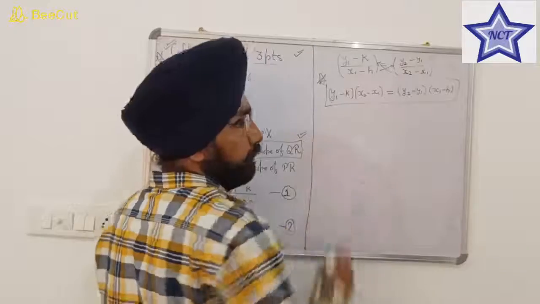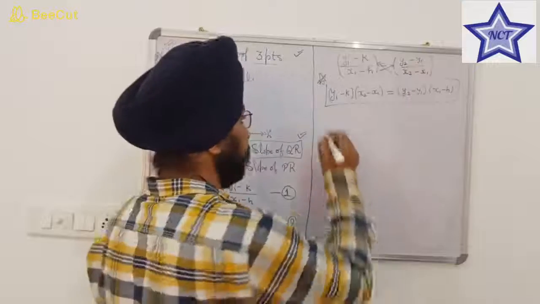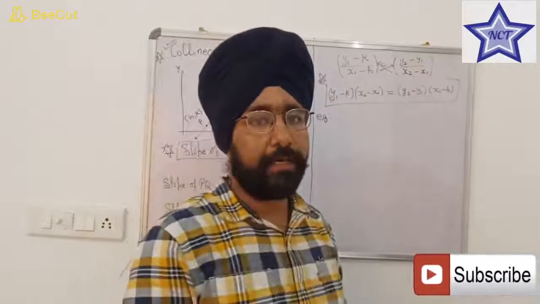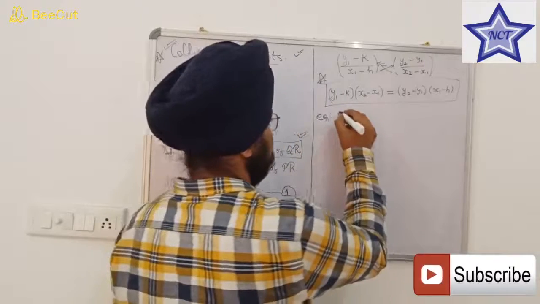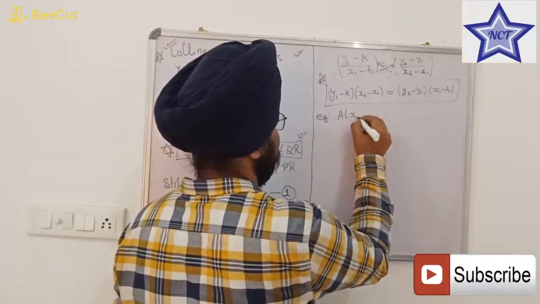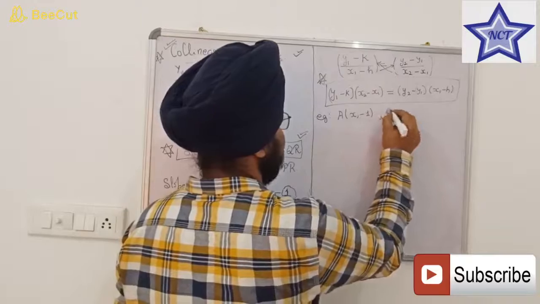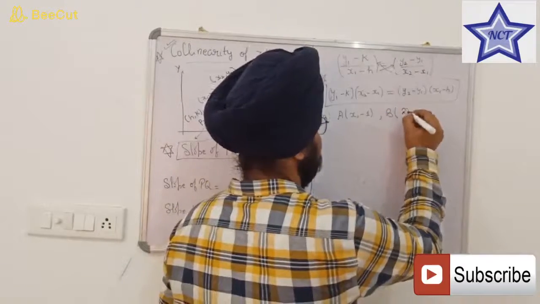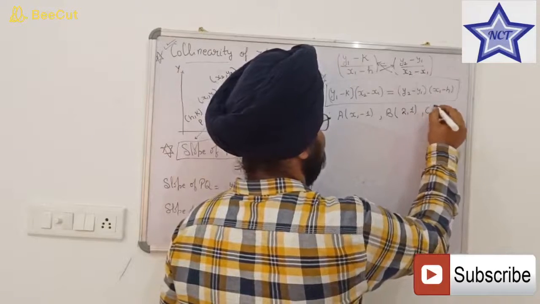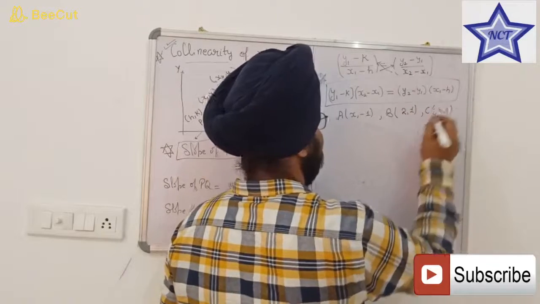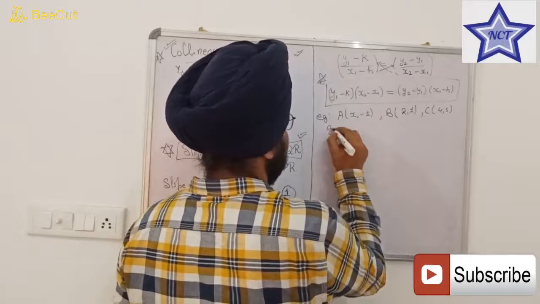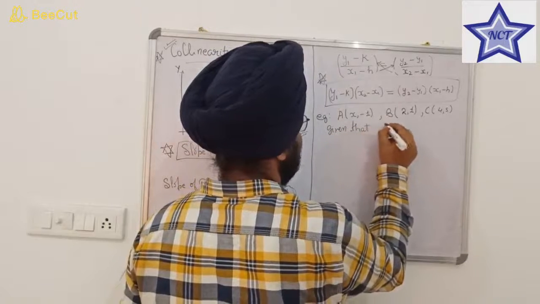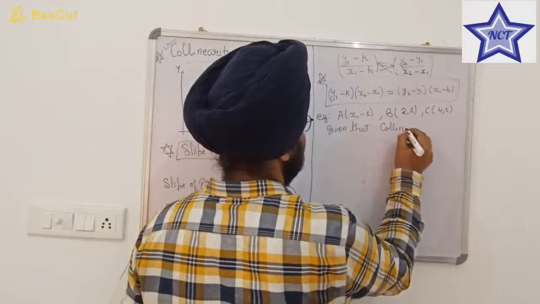Let us take another example. Say 3 points are given. First is A (x, minus 1), second point B (2, 1), third point C (4, 5). It is given that the points are collinear.